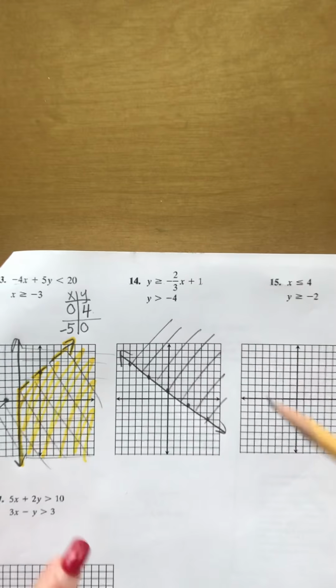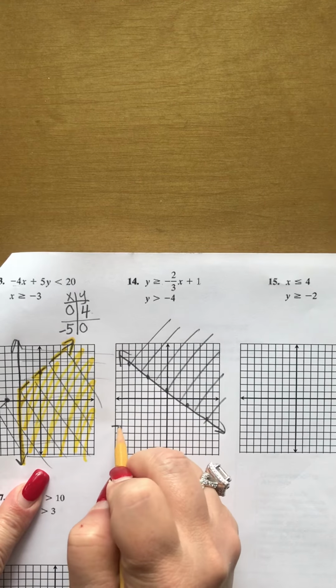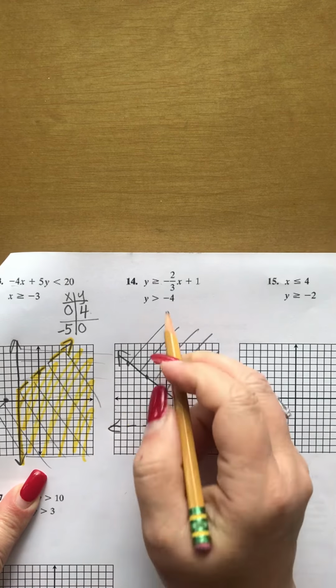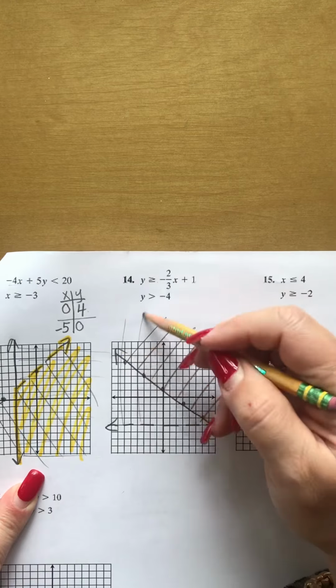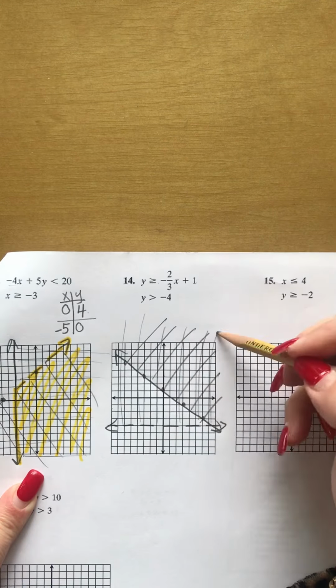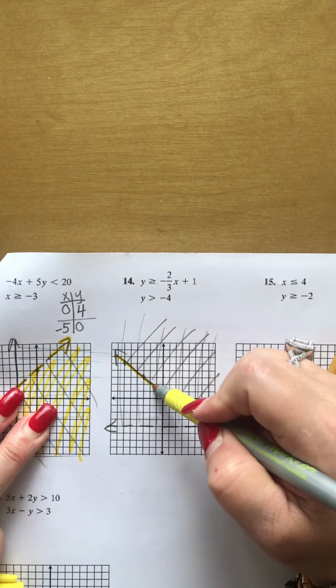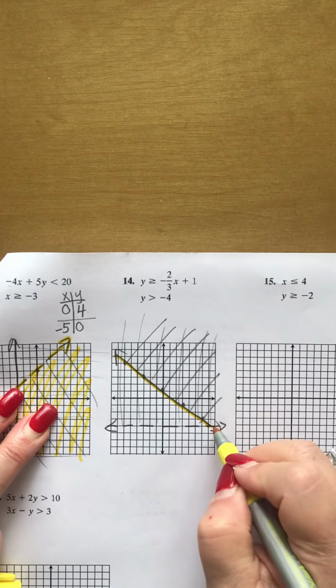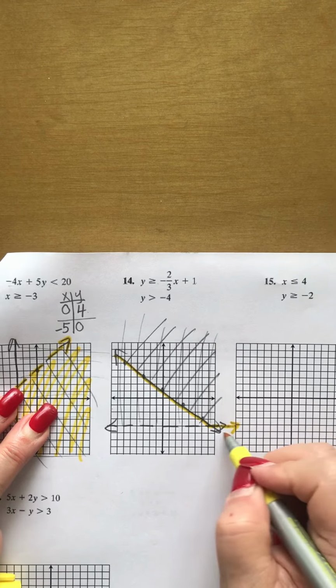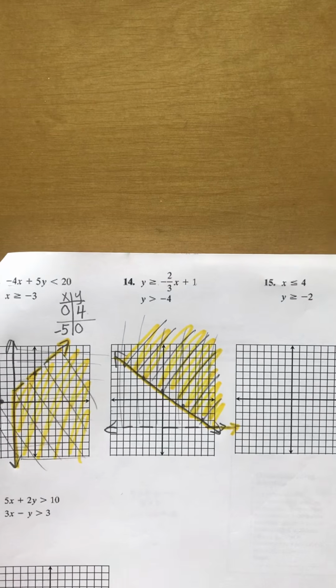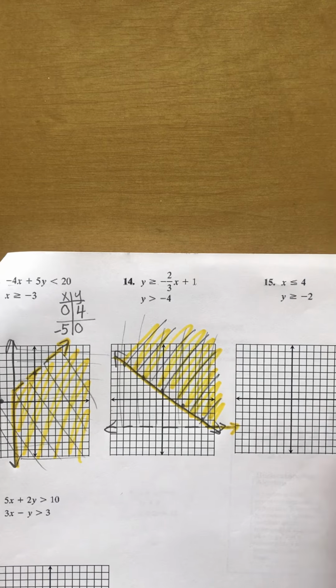And for y is greater than -4, it's going to be a horizontal broken line, broken because there's no bar there, and above would be like this. Now the region that should be double shaded would be from here, and it continues on, and you would shade up on top.